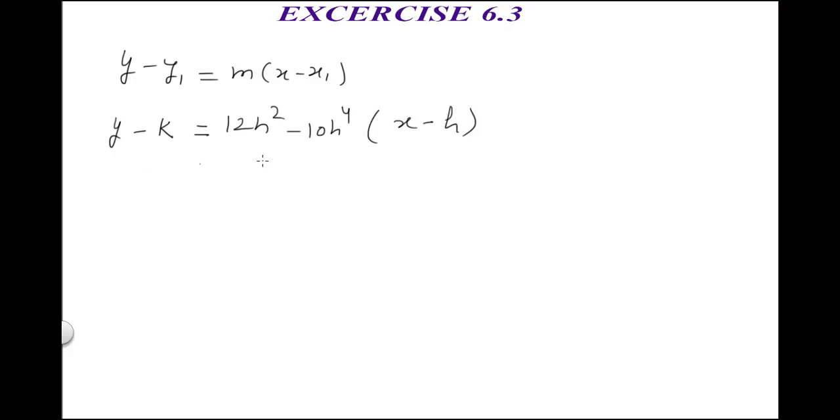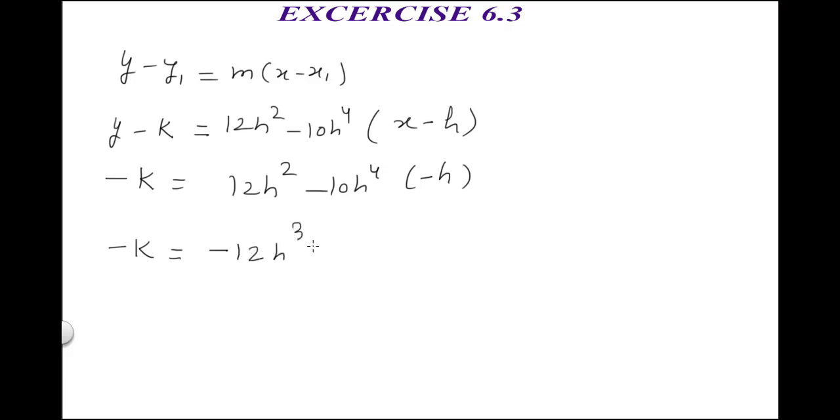Now the tangent is passing through the origin. That means (0, 0) will satisfy this equation. We will have minus k equals (12h square minus 10h to the power 4) into minus h. Solving it, we get minus k equals minus 12h cube plus 10h to the power 5. Let us name it as equation number 2.